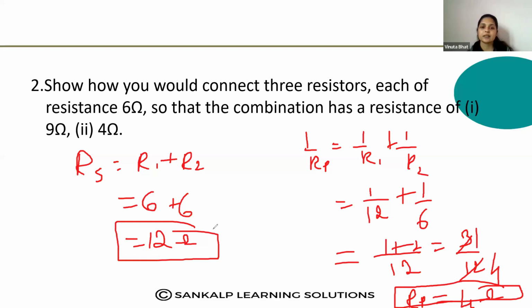So how should we connect these resistors? When two resistors are connected in series and one resistor is connected in parallel, we can get the 4 ohm resistance. Okay, that is the correct answer. Please note down this.